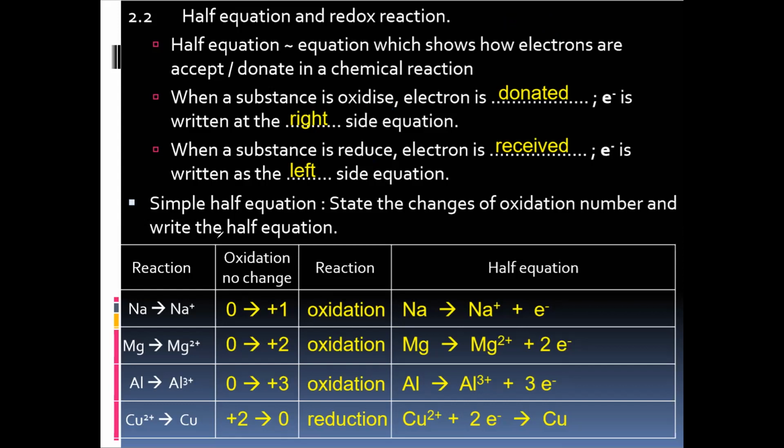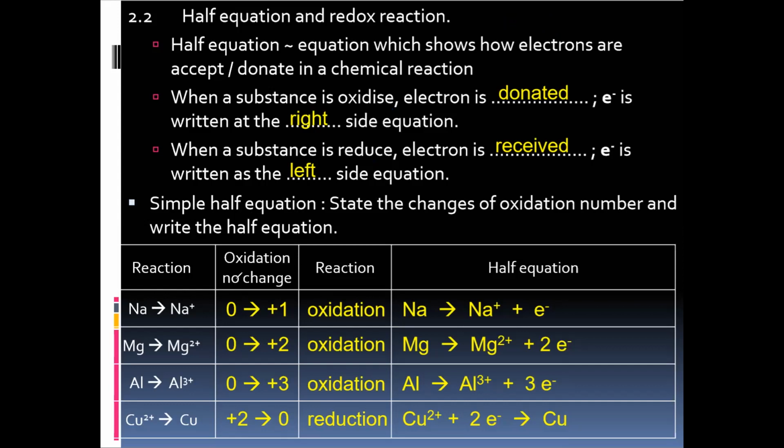So now let's see some simple half equations. State the change of oxidation number and write the half equation. Let's see reaction one. This is sodium moving from just sodium to sodium plus.